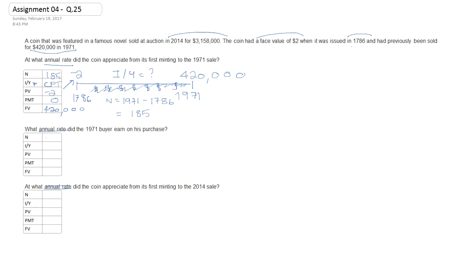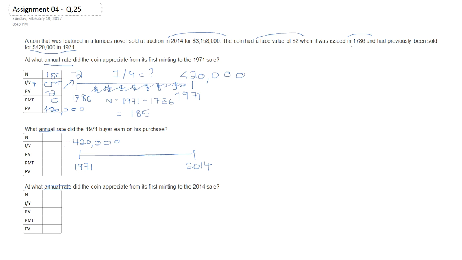Question number 2: what will be the annual rate that you earn if you invest in year 1971? In this scenario you start investing in 1971 and you cash out your money to get the return from your investment in year 2014. What you invest in year 1971 is the money that you have to pay for this coin, which is worth $420,000.